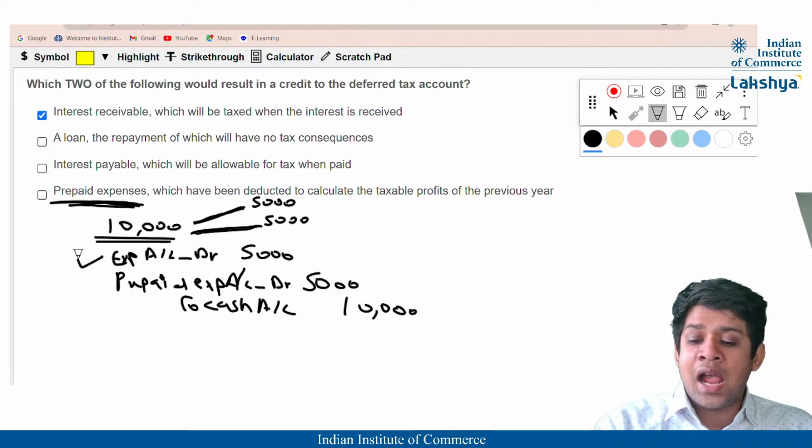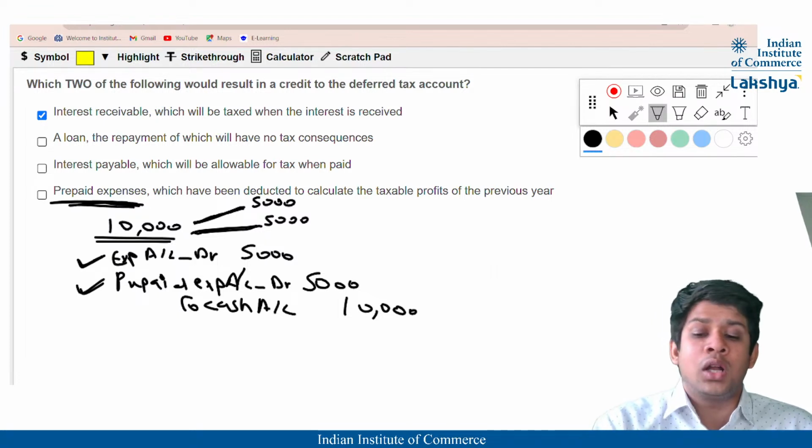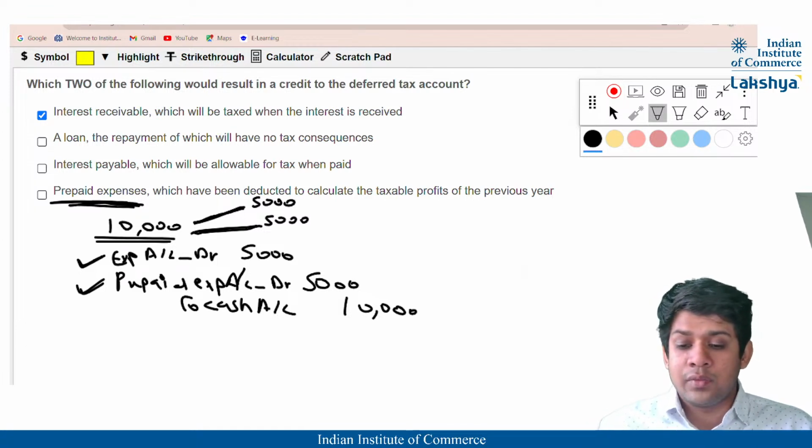That means I have considered this as an expense for this year, but this amount that I've paid, I've not considered as an expense because we work on accrual basis. In the next year, when he performs a service, then this prepaid expense will be treated as an expense and it will be removed. Correct? So the next year it will be treated as an expense. Right?